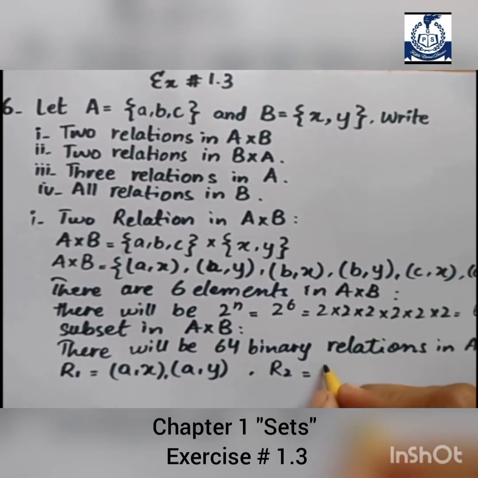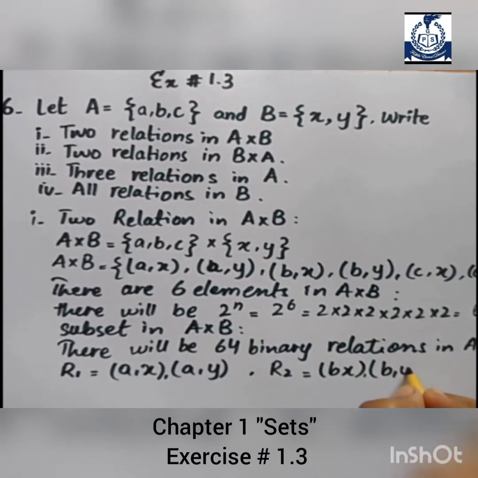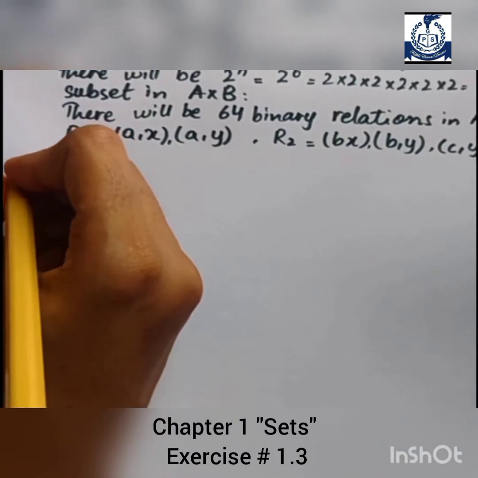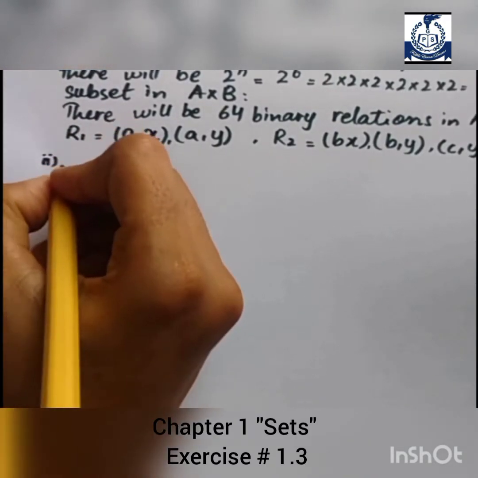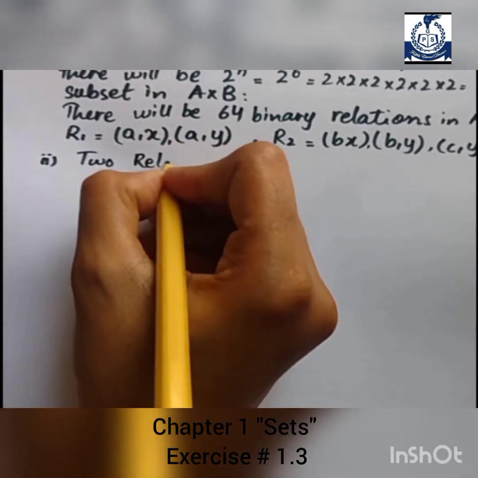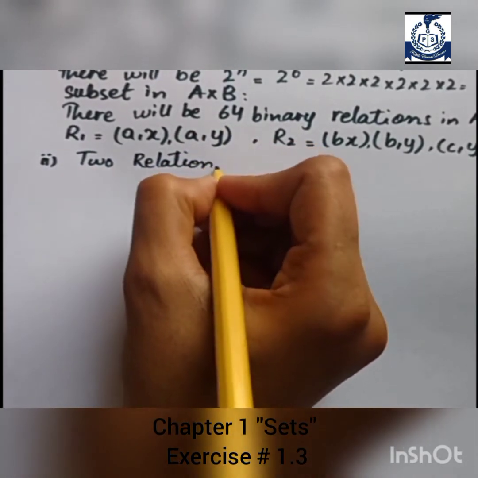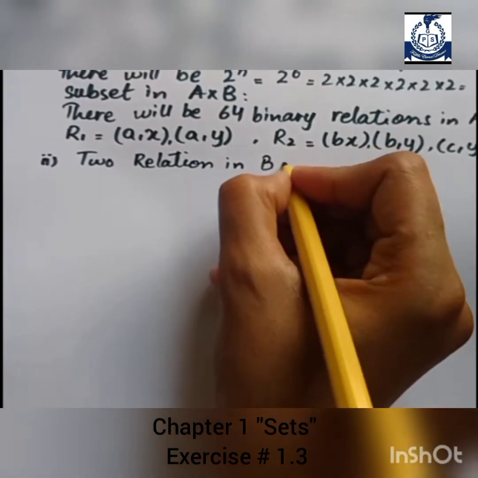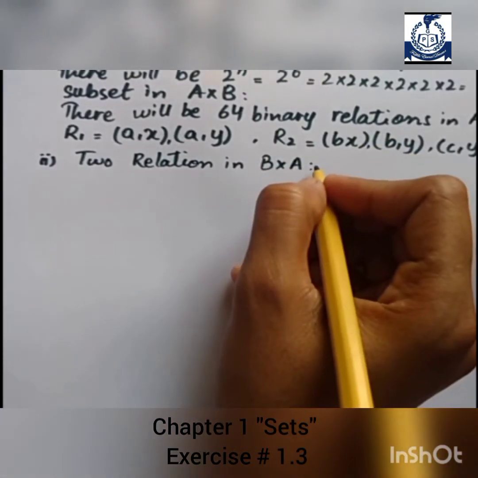This is the second relation, and in this relation we write all the remaining terms (b, x), (b, y), (c, x) and (c, y). So here we make two relations. Part number 2, two relations in B Cartesian product A.